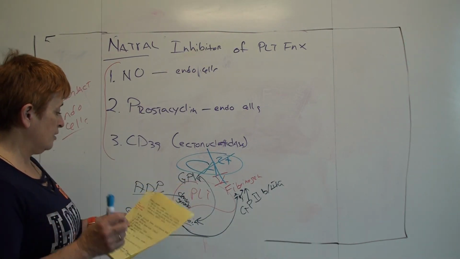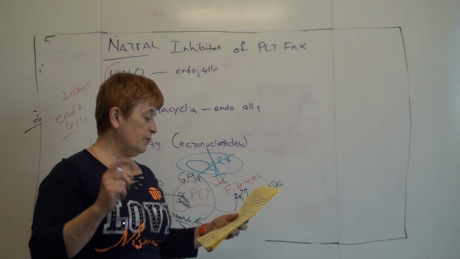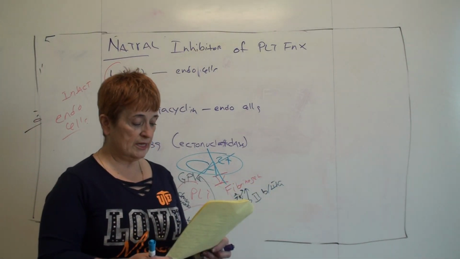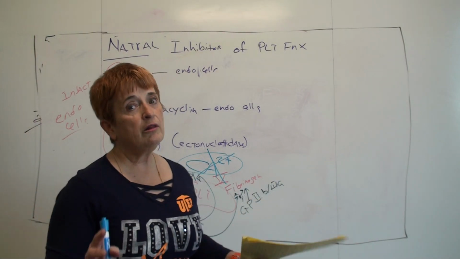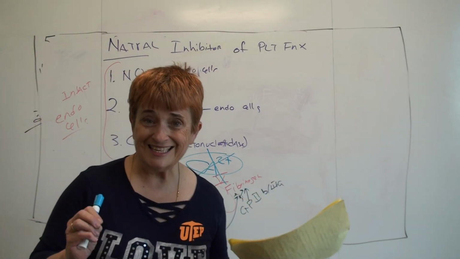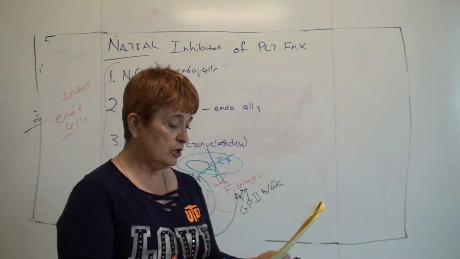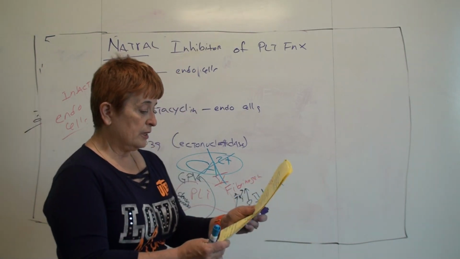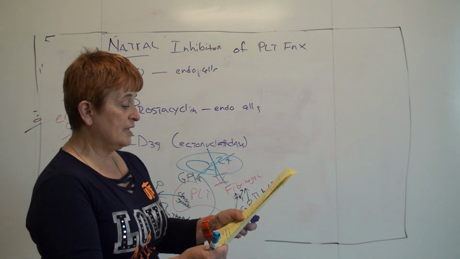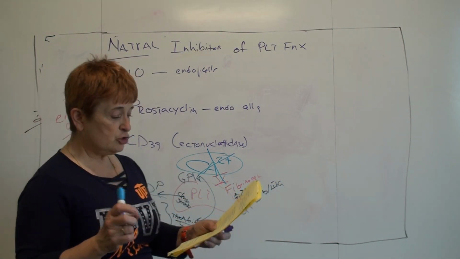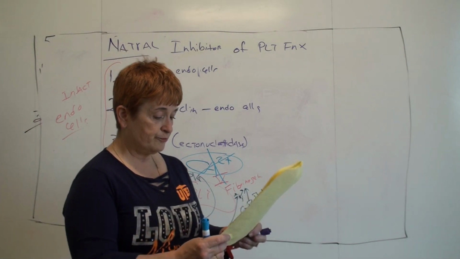It's got the beta thromboglobulin, platelet factor 4, and your fibronectin. We've already said that. Now remember, all of this is in your boxes and tables in your chapter 10. So make sure you look at that. All right. Your dense granules: ADP, ATP, serotonin, and calcium.